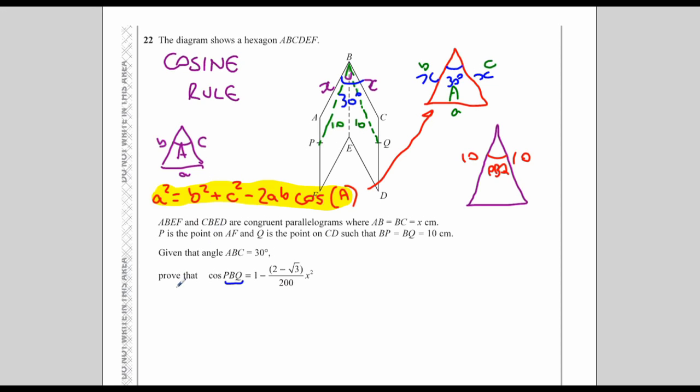So we have a squared equals x squared plus x squared minus 2 times x times x, which is x squared, cos of 30 degrees. Now cos of 30 is something that you might know off by heart, and if not, I'm going to quickly show you a way to figure this out in exam.